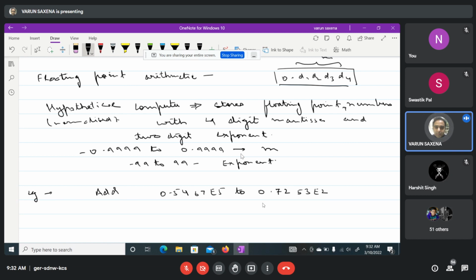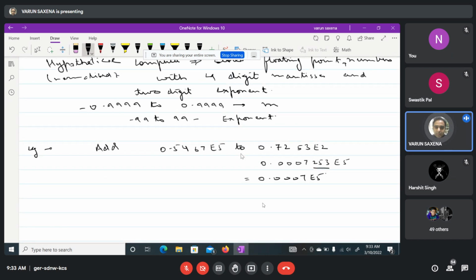Now you can see that this is 10 to the power 5, this is 10 to the power 2. So we really need to make it 10 to the power 5 here. So this would become 0.0007253 E5, right? But we know that our computer can only store 4 digits of mantissa. That means these 3 values will just go away, and this number will become 0.0007 E5.